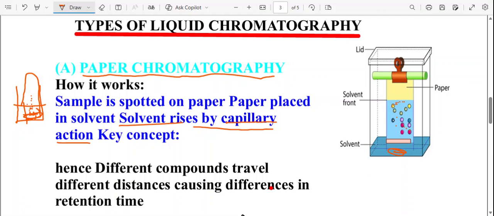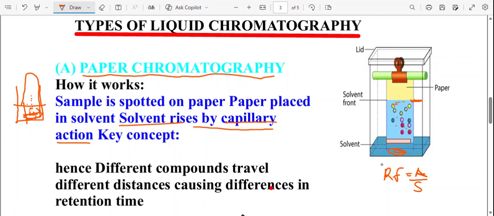The distance that has been traveled, we call the retention factor, how they are retained. You can calculate it as the distance traveled by the analyte over the distance traveled by the solvent. The solvent moved to here, and these analytes remain in this solvent at these distances, and we'll be able to tell.